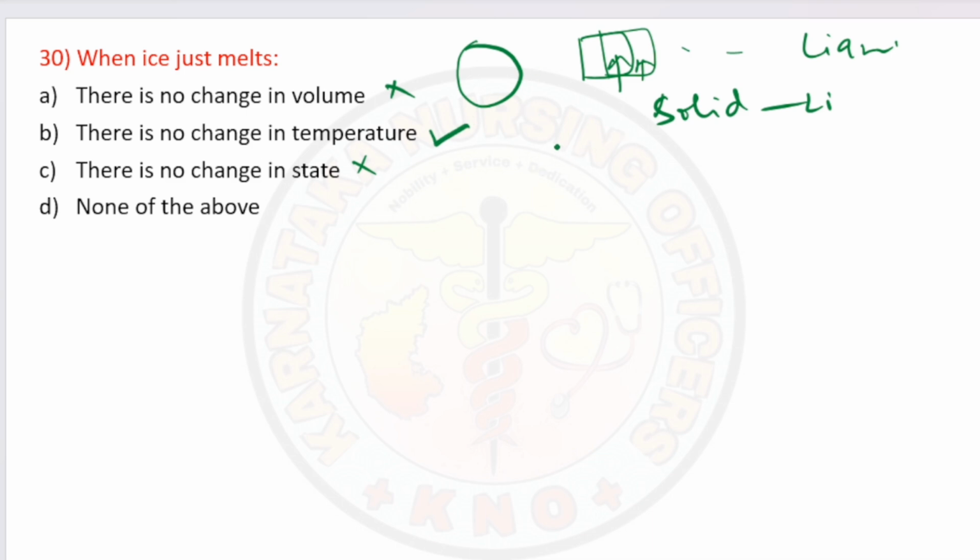How? If you consider ice, the atoms in the ice are tightly bound together. So when heat is applied, the heat is simply breaking up these bound molecules into water.